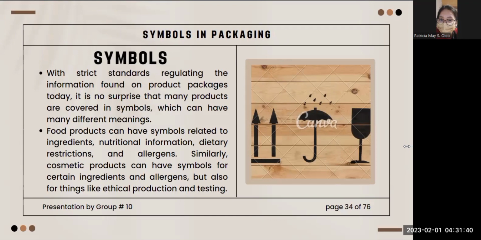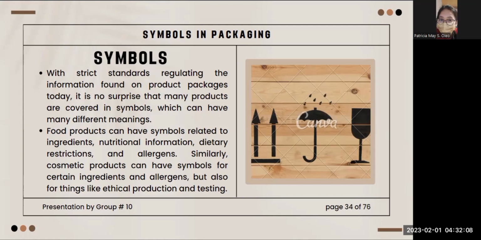Okay, so yung mga symbols could vary based on what type of product is being packed. So for example, sa food products, tayo mag-focus. This would most likely include the following: ingredients, nutritional information, dietary restrictions, allergens, which are important to inform people sa content ng pagkain na yon.